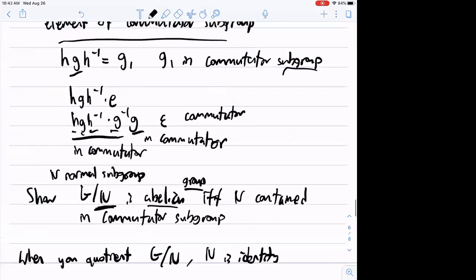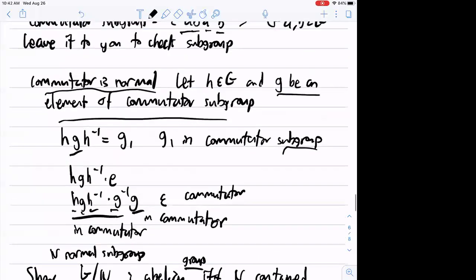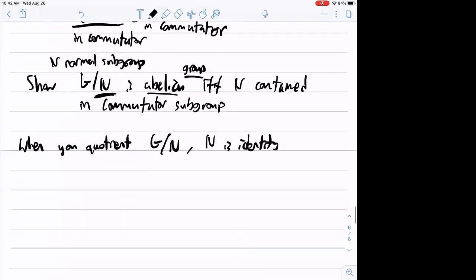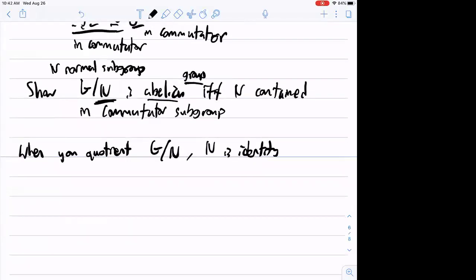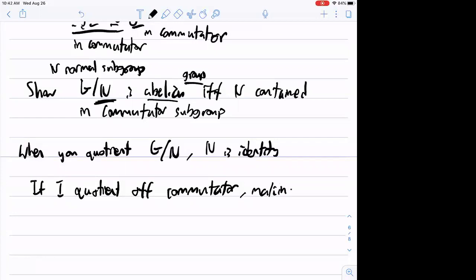Now, if you quotient off by the commutator, I'm making the commutator the identity, and the same for anything belonging to the commutator.